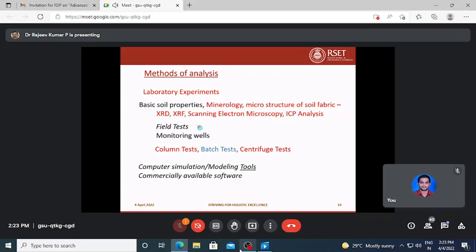And there are field tests to find out the contaminant transport. These are monitoring wells. So you might have seen this near the landfill site to assess the leachate movement. Monitoring wells are dug, and the water quality of the wells is assessed timely, and one can easily find out with respect to time how much may be the concentration of the contaminant or the pollutant leaching out from the landfill site, for example.